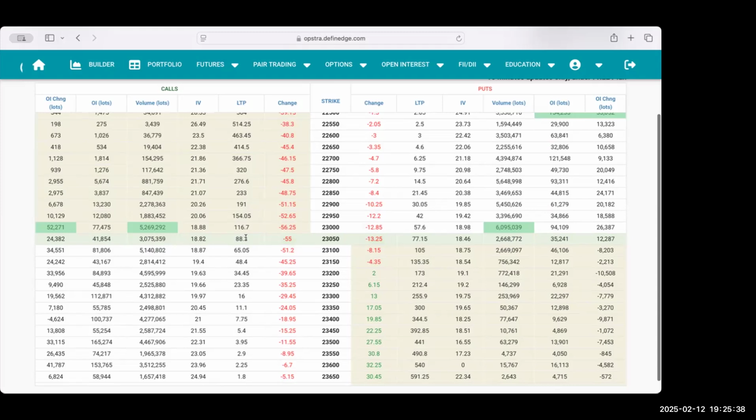So for an investment of 1,90,000, his profit is only 6,000. But it is a highly probable profit because he invested big money. If this goes the opposite way, this 88 becomes 100, okay, 20 rupees, so his loss is very small compared to our loss. You guys are getting my point?